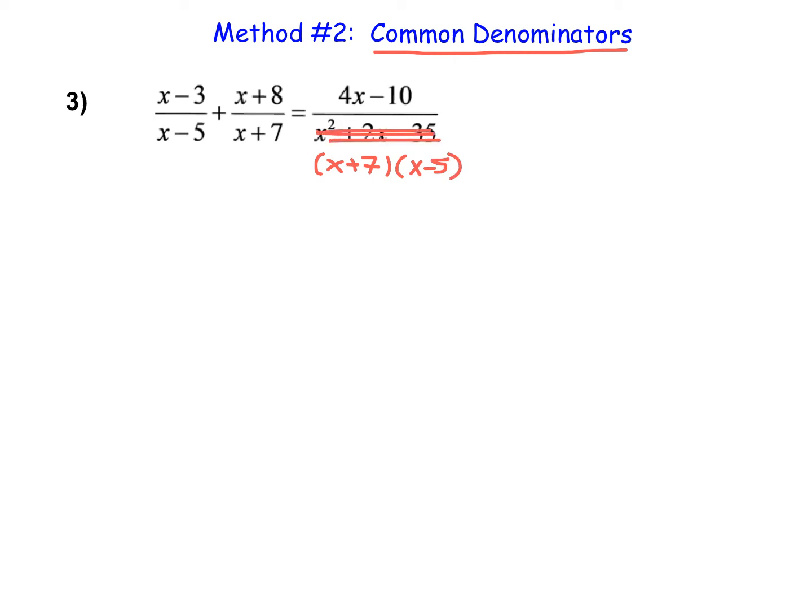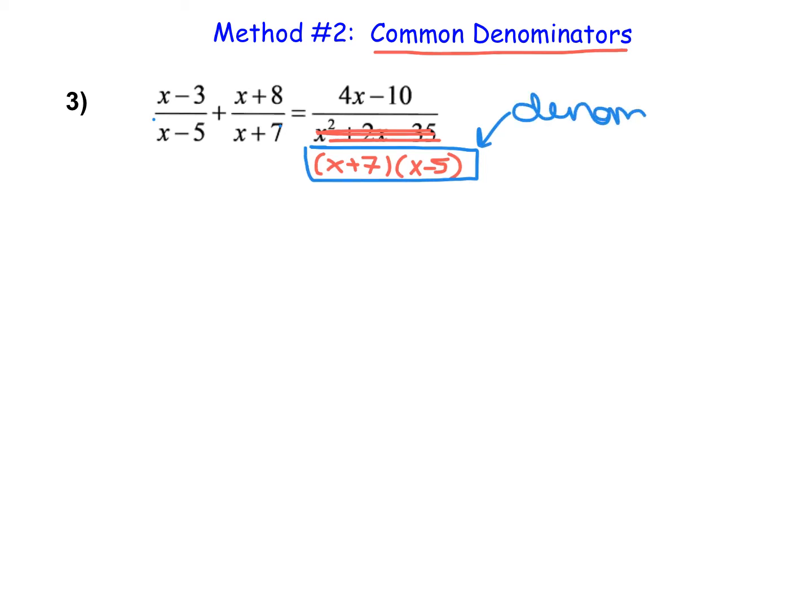Now from here, I know that I need to get common denominators if I want to be able to add these fractions together on the left and then set them equal to what is on the right. And what I notice here is that by having x plus 7 and x minus 5 in my denominator on the right-hand side of the equation, I'm actually accounting for both values on the left. So I can make this the common denominator that I need.